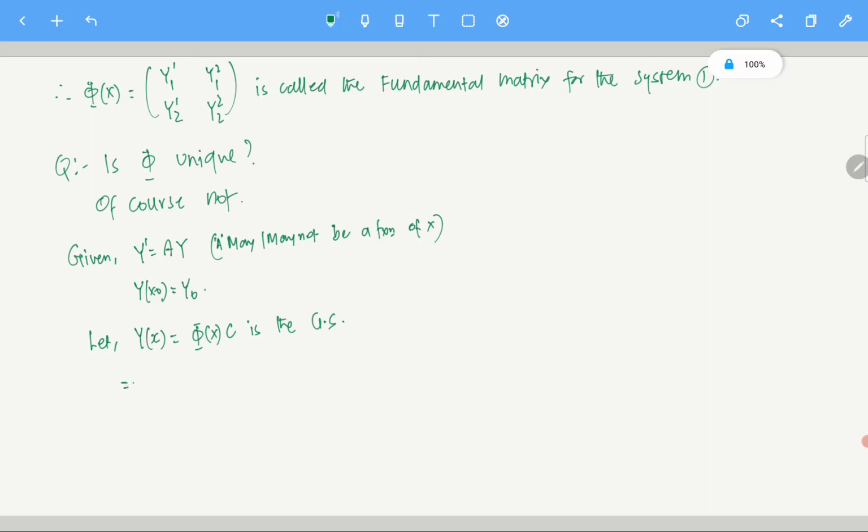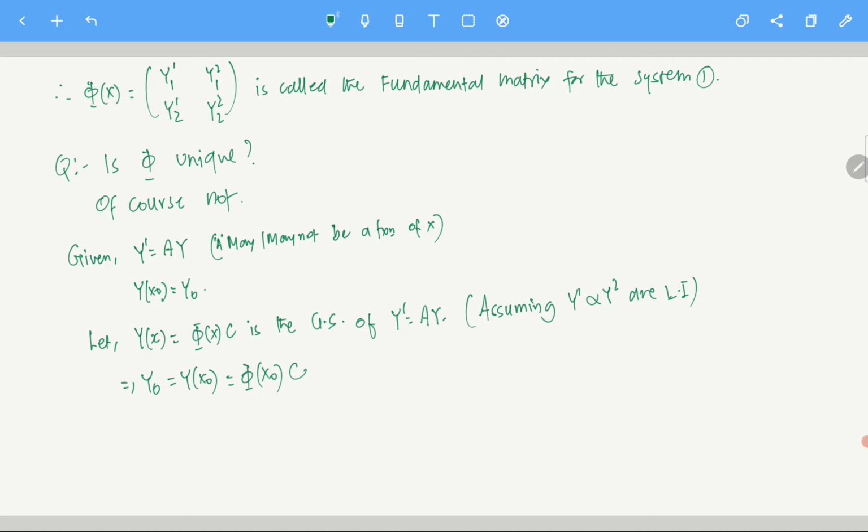Now, y naught equals y at the point x naught, so that is phi at the point x naught times capital C. This is a general solution of y prime equals Ay, assuming y1 and y2 are a linearly independent set of solutions.